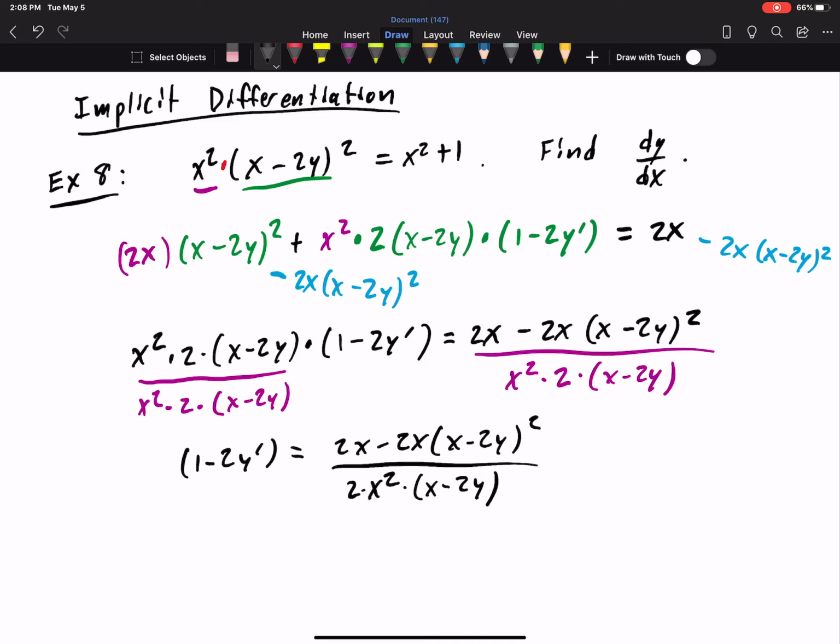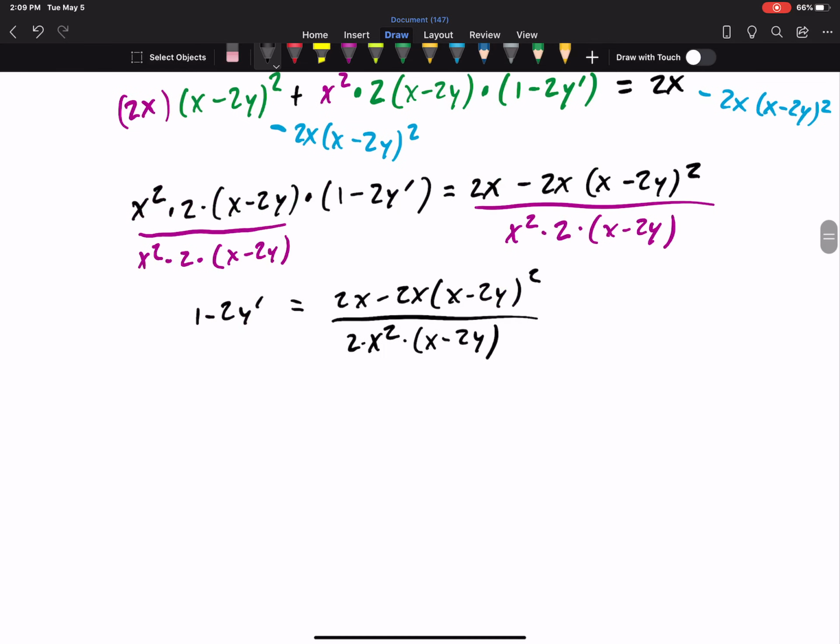One thing we can do now is drop the parentheses because we're not really doing anything with them anymore. Then we can subtract 1 from both sides and divide by negative 2. So, subtract 1 from both sides and rewrite everything.